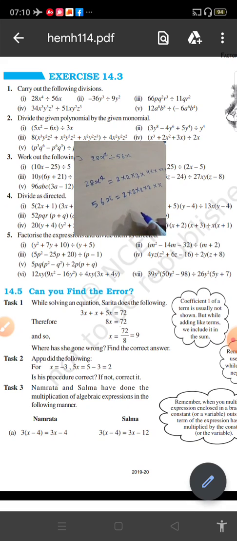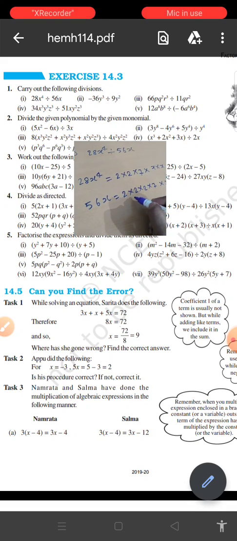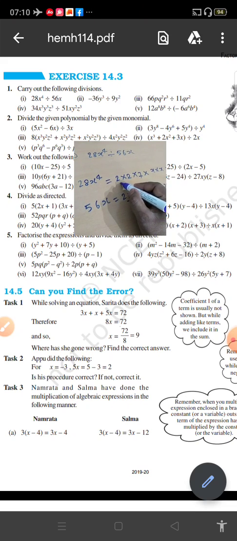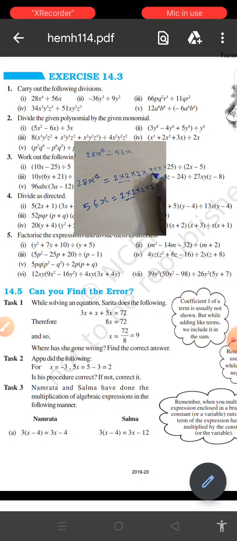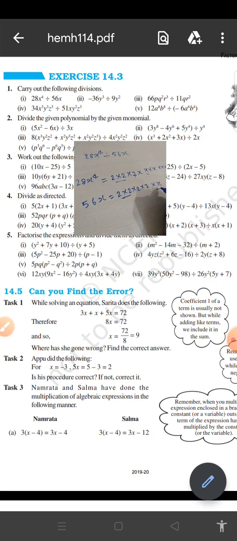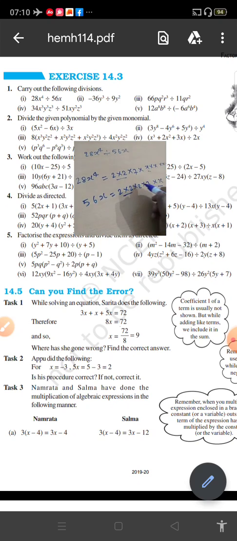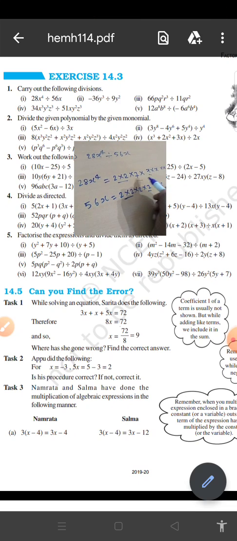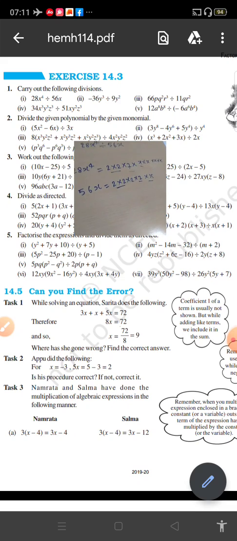Okay, so you can see here what is common between them. 2 into 2 into x is common, and 7 is also common, so we cancel these terms, then we obtain our required result.